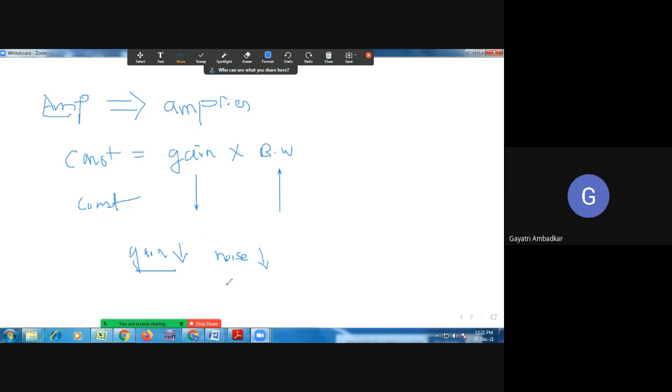How are these changes minimized? Let's derive here. I will try to show this. Just now we had derived an expression for feedback gain, and this feedback gain is equal to A upon 1 plus A beta in case of negative feedback amplifier. Okay. Let us differentiate both sides with respect to A. Let us have differentiation, because we have to find changes in the gain.